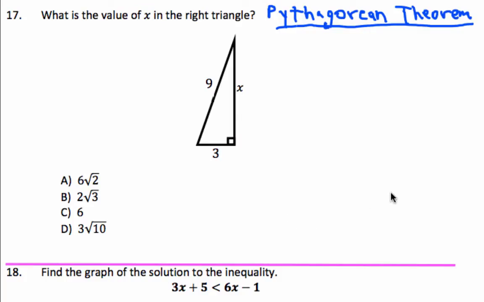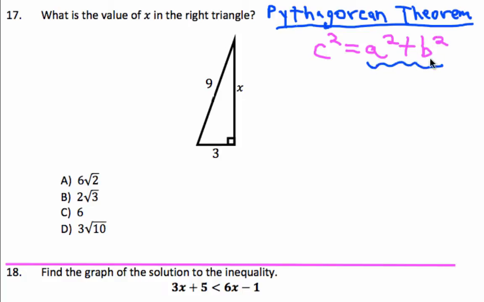Problem number 17 makes use of the Pythagorean theorem. The Pythagorean theorem helps you to find a side of a right triangle when you're given two sides, their lengths, and need to find the third side. The formula is c squared, which refers to the hypotenuse, equals a squared plus b squared.